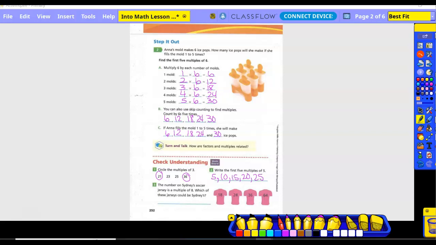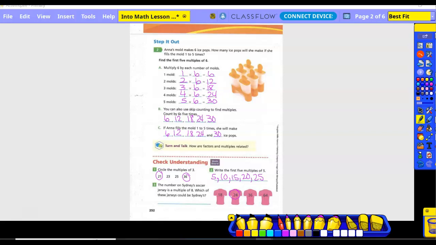Number 3. The number on Sydney's soccer jersey is a multiple of 8. Which of these jerseys could be Sydney's? So where am I going to start? 8. So 8, 16, 24. What comes next? 32.